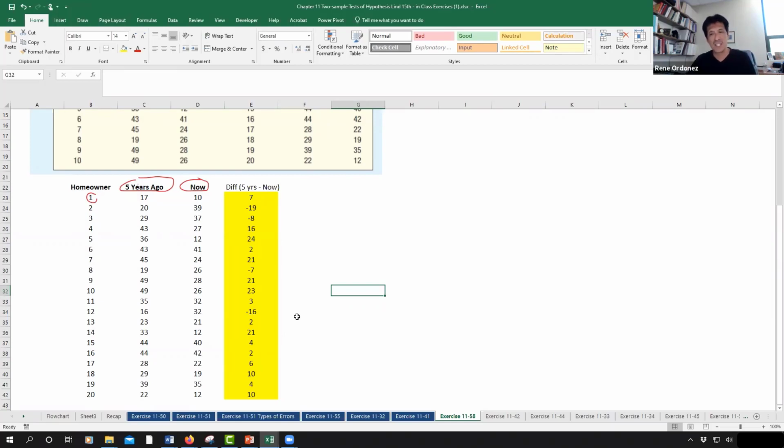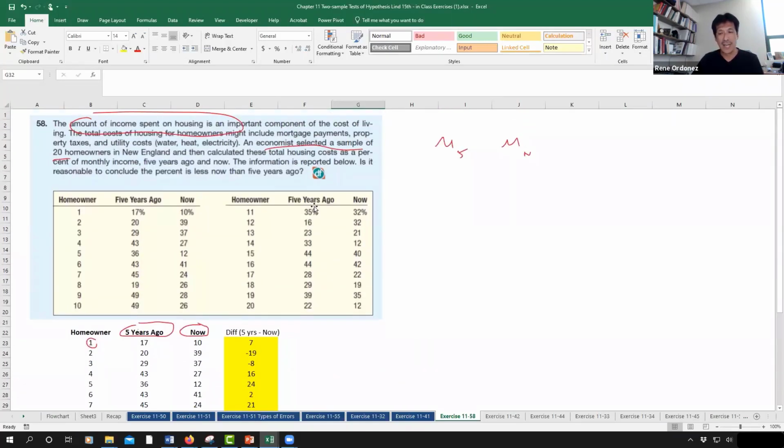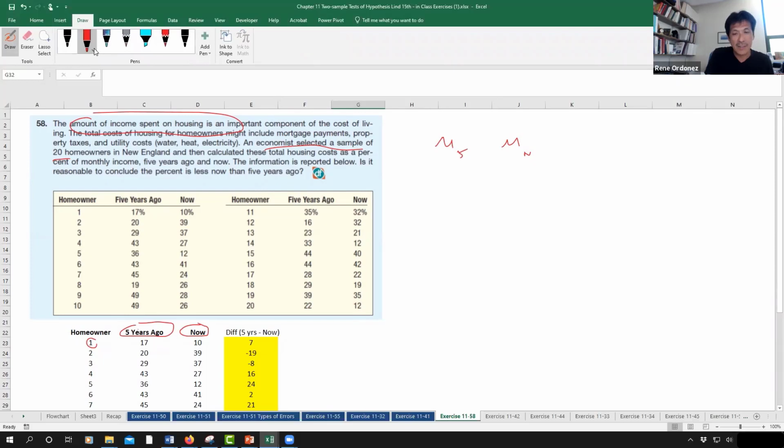So at this point that will perhaps lead to the conclusion that the percentage of income spent on housing 5 years ago is greater than what is spent now, right? But let's take a look at the keywords that this problem uses. Is it reasonable to conclude that the percent is less now than 5 years ago?